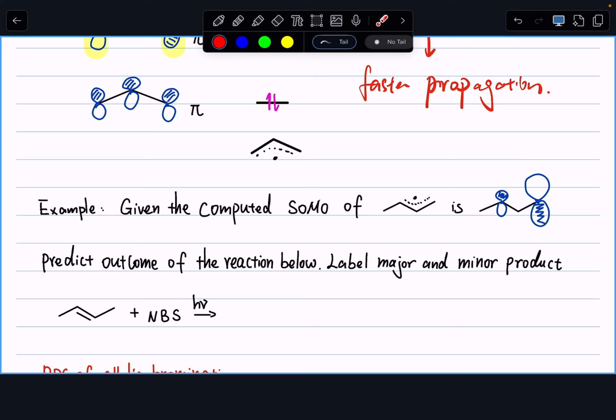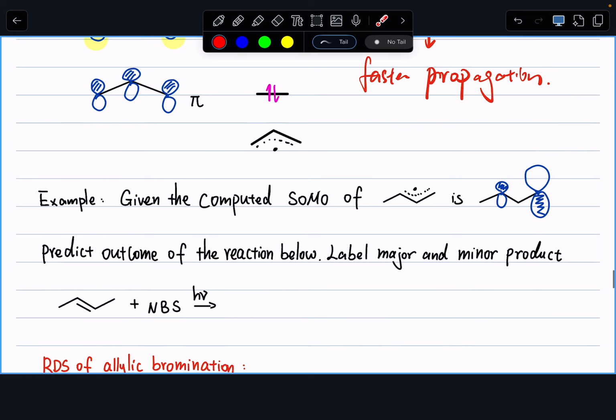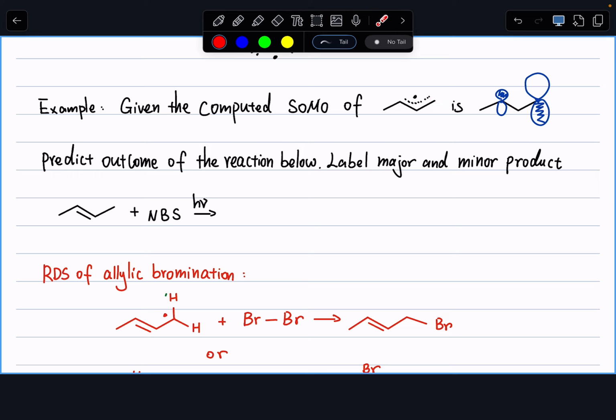So when we are predicting the reaction outcome for these allylic molecules, the terminal position, because it has higher spin density, will have a faster propagation step.